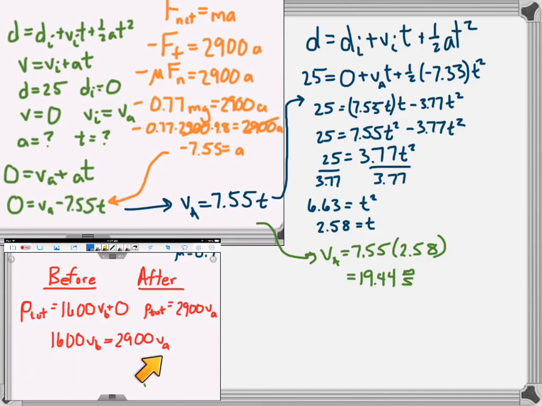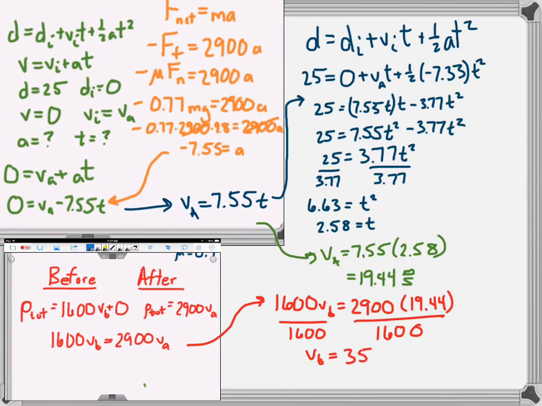So let's go back to my momentum equation and plug in 19.44 for v sub a, and simplify it by dividing both sides by 1600. And when I do that, I get a velocity before the collision of 35.24 meters per second. So that's how fast the car was going before the collision.